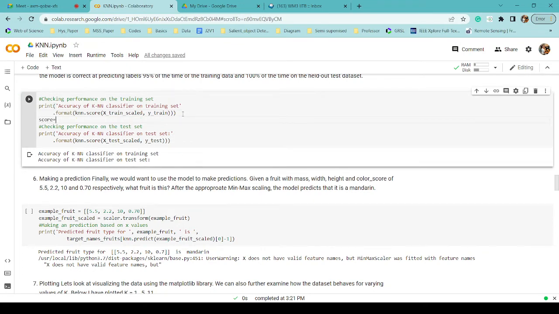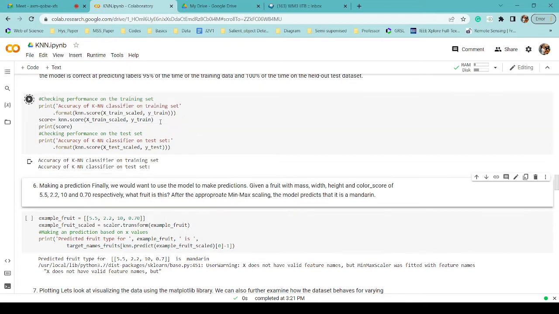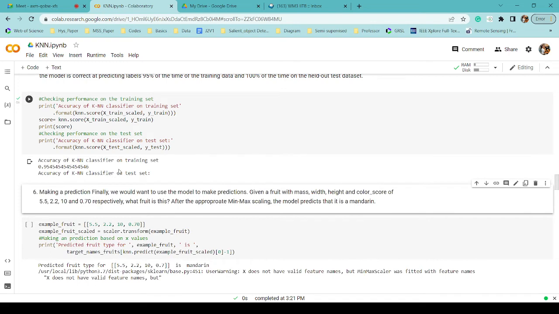Score equals, let's do it, the value is not coming. knn.score, X train, y train. Okay. Print score. Let's do print score. Okay. Yeah. Let me run this. Let me see if this is giving me the score. Yes. So this was the problem.